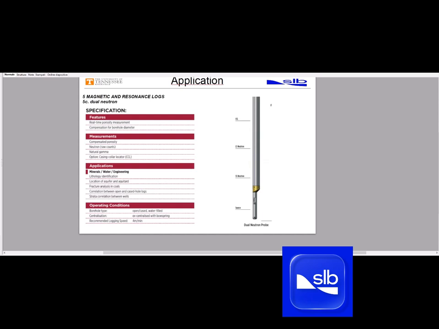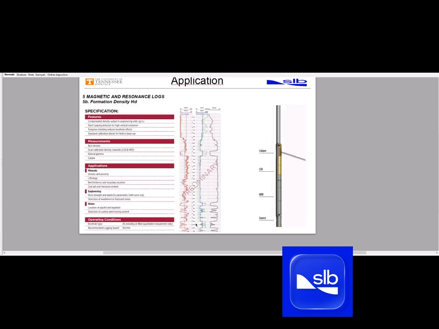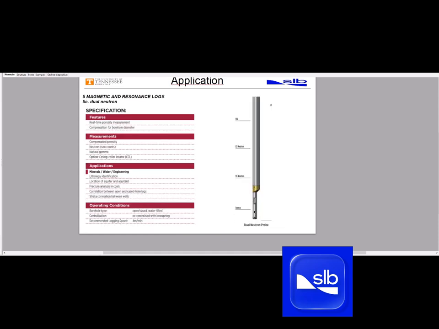So the last is dual neutron. This is an instrument that is different from the previous, because before it was one source. In dual neutron we have two sources and two receivers: the first source for neutron, and the second source for neutron.